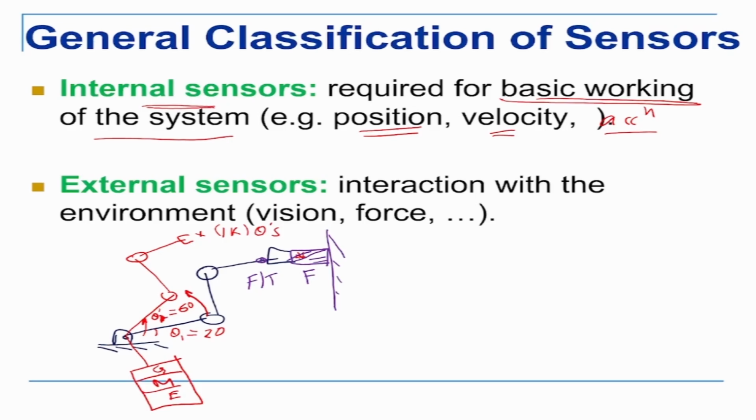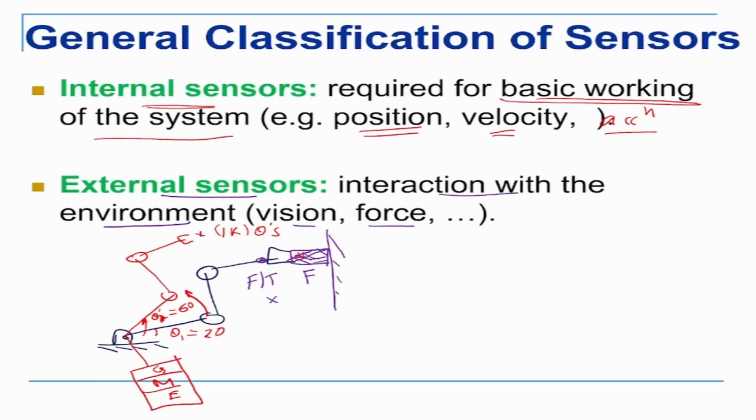This is required for the task of applying a force on the wall. Now this is an external sensor. If this sensor is not there or is not working, the robot will still work, but that force control ability will come down. So external sensors are required for interaction with the environment. For example, force torque sensors, computer vision, there can be a camera mounted, then touch sensors. So these are external sensors.